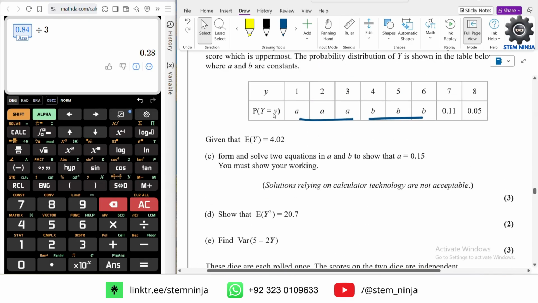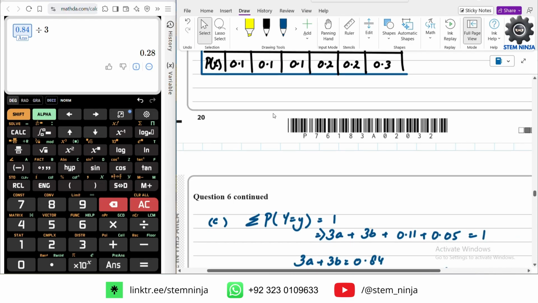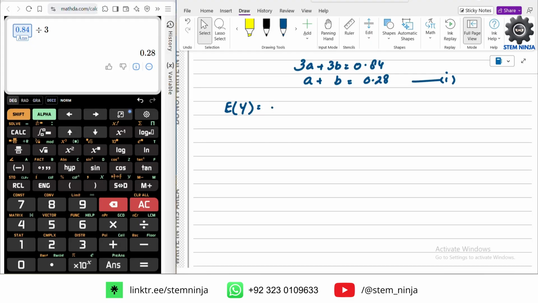So we have 1, 2, 3, 4, 5, 6. So A plus 2A plus 3A plus 4B plus 5B plus 6B plus 7 times 0.11 plus 8 times 0.05.